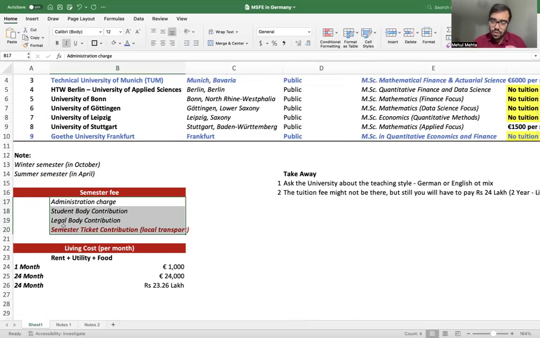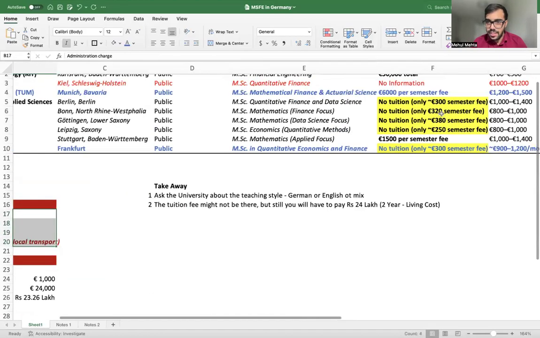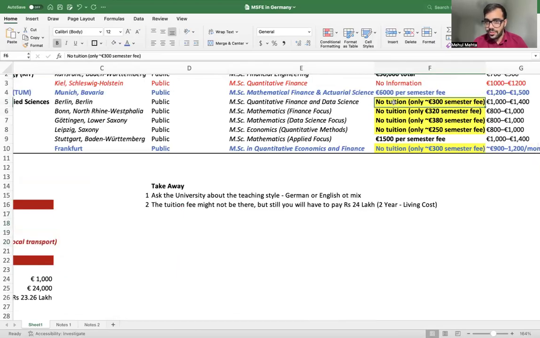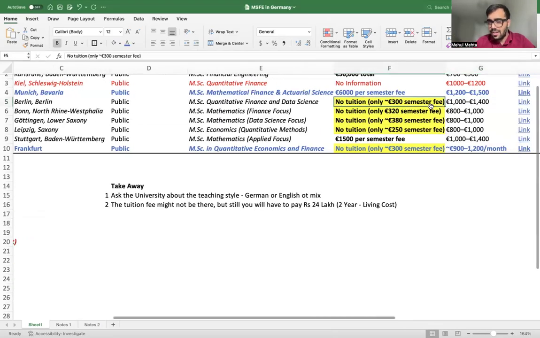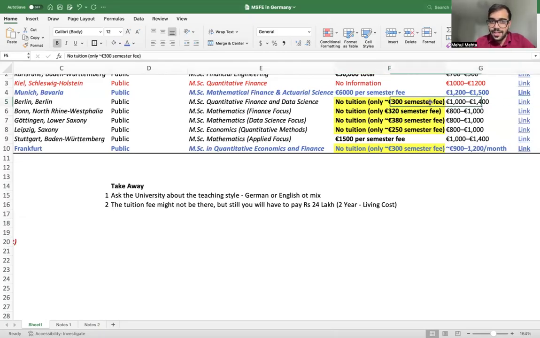Just think that you are paying this fee, even though there is no tuition fee, a small amount of fee you have to pay, because of the documentation or administration work. And also the good part is you can have free public transport. Okay, it's not all over Germany, but it's local transport, my bad. So this includes your free local transport.